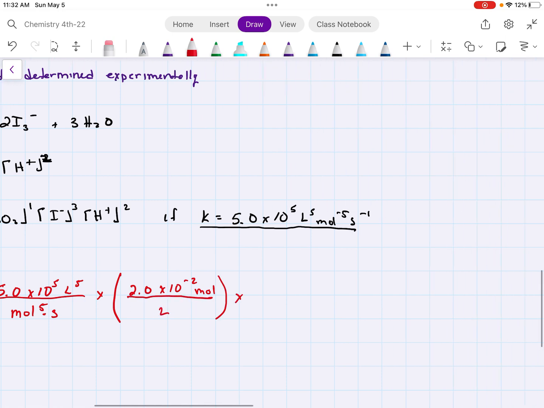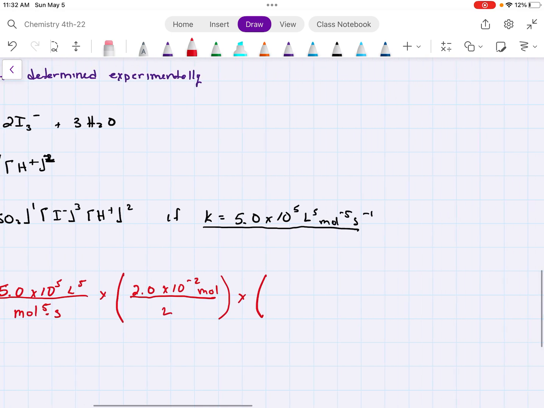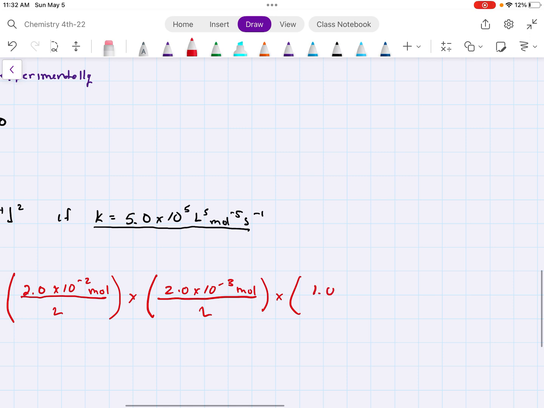We're going to multiply that by 2.0 times 10 to the negative 3 moles over 1 liter. And then we're going to multiply that by 1.0 times 10 to the negative 3 moles over liters. Sorry, this is going to be squared.